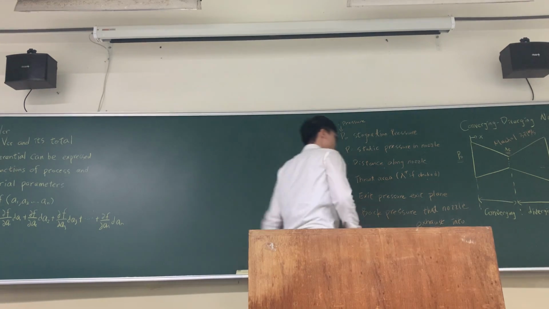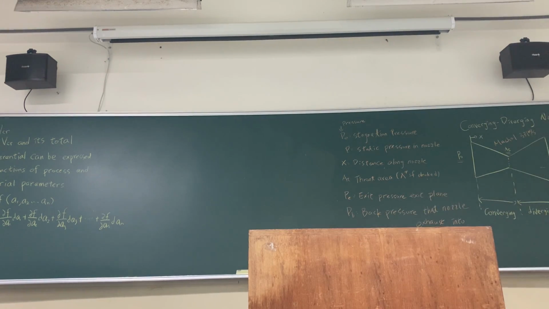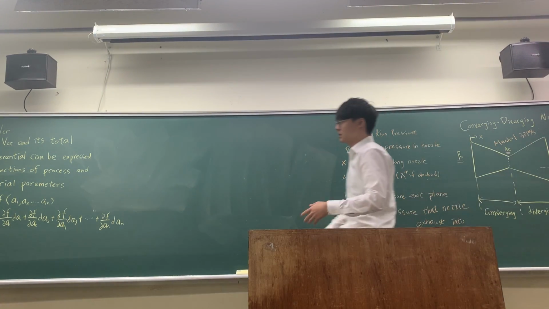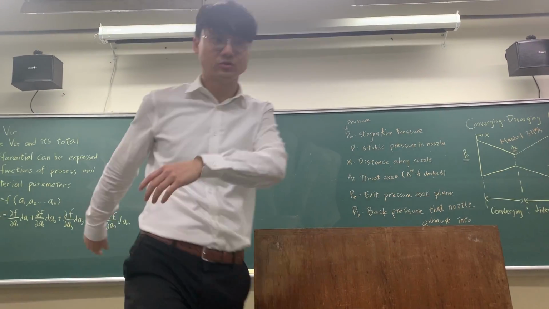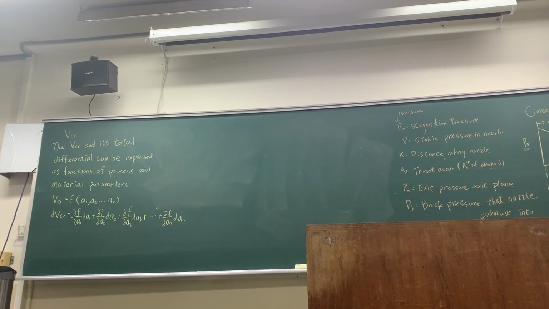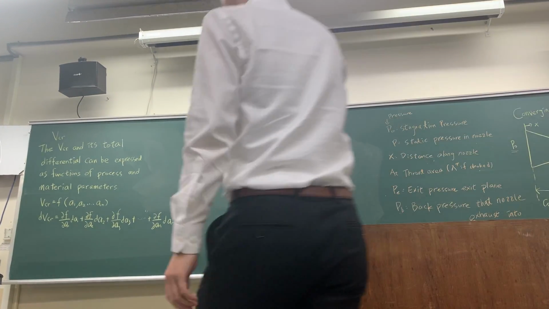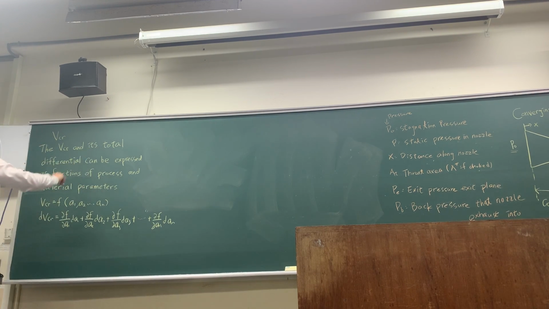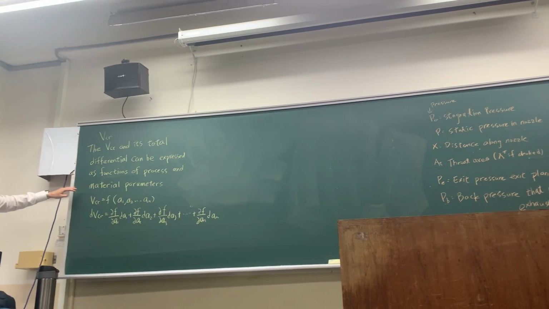Yeah, so on the left-hand side, I've already written down the definition of VCR. You guys can see. VCR, the critical velocity, and its total differential can be expressed as a function of process and material parameters.